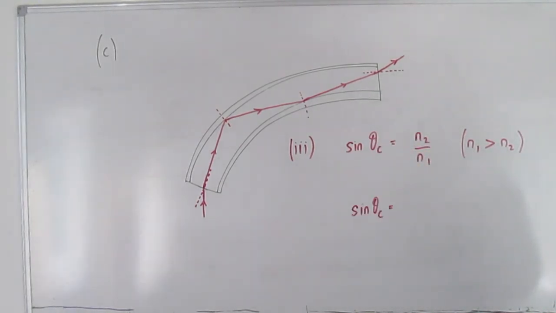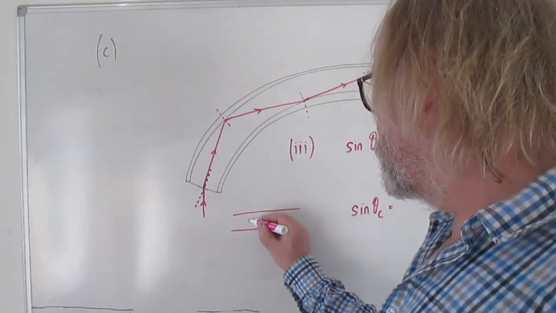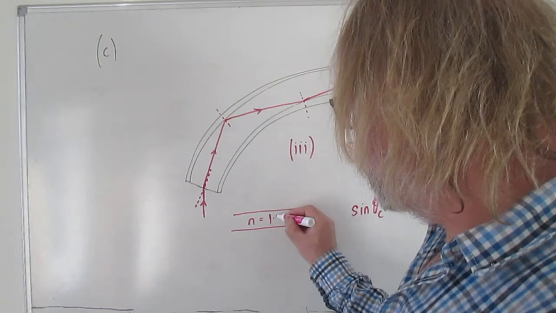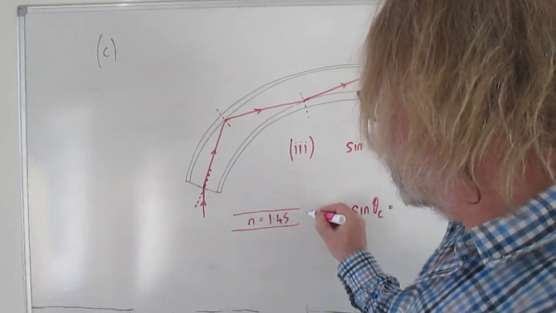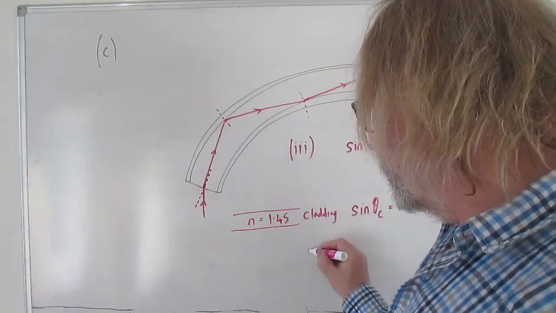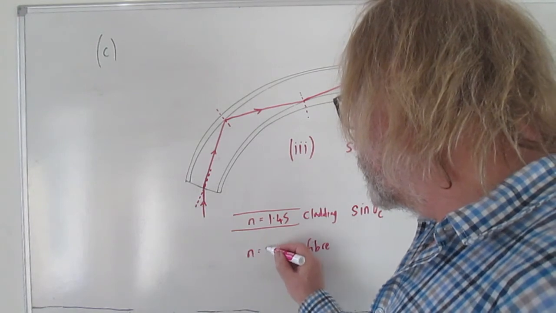Okay, so in this instance it tells us that we've got the cladding with a refractive index of 1.45. So this is the cladding. And then we've got the fibre with a refractive index of 1.50.